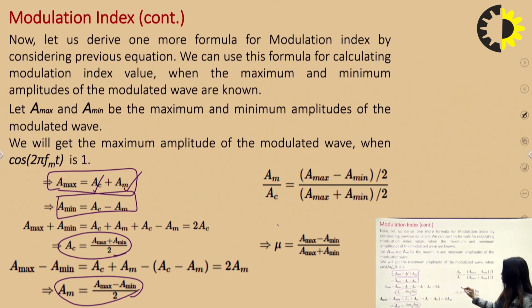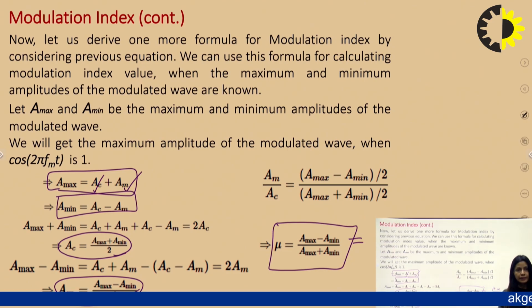And if I want to calculate my modulation index in terms of A max and A minimum, mu is equal to A maximum minus A minimum upon A maximum plus A minimum. Yes, it is AM by AC again.